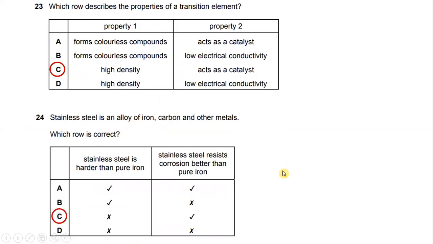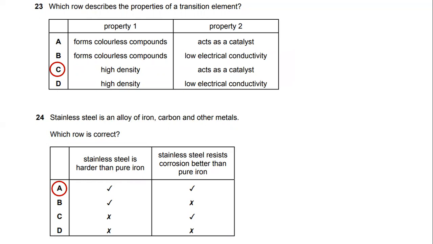Number 23, which row describes the properties of the elements? Property 1 is high density and property 2 is acts as a catalyst. Stainless steel is an alloy of iron, carbon, and other metals.